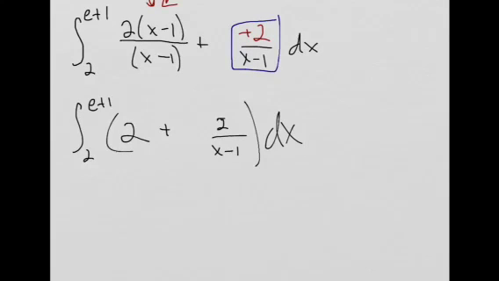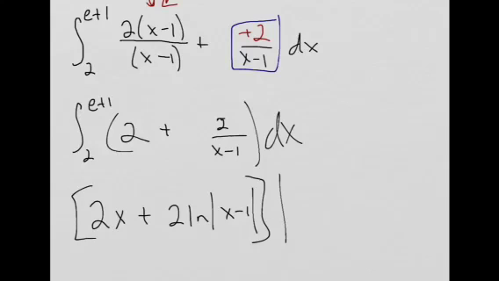The integral of 2 is 2x, since I'm dealing with x, plus the integral of 2 over x minus 1, which is 2 ln absolute value x minus 1. And I need to evaluate that from 2 to e plus 1.